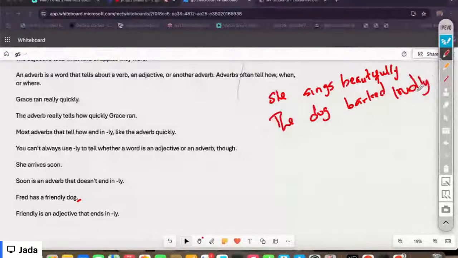So we have this one. She sings beautifully. That is an adverb, okay? Beautifully. The dog barked loudly. All right, so these are examples under the adverb. So you can share with me some examples if you have some that are adverbs. So share examples for adverb before we move on to the test.